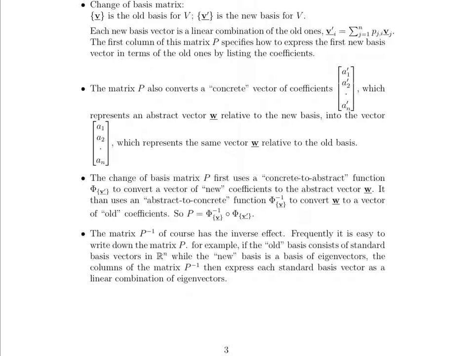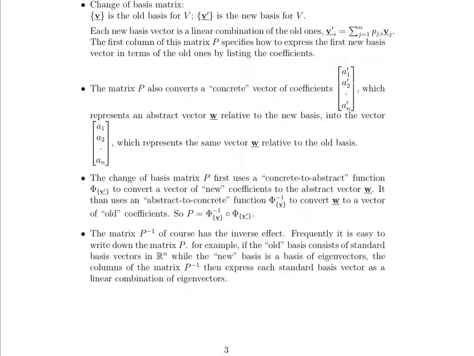So when we say that P expresses the new basis in terms of the old basis, it means we give it one of these new basis vectors that has the encoded coefficients of the appropriate linear combination, and it's going to give us the coefficients in terms of the old basis. It's going to tell us exactly what coefficients we need on which of the basis vectors in the old basis in order to represent the exact same element of this abstract vector space.